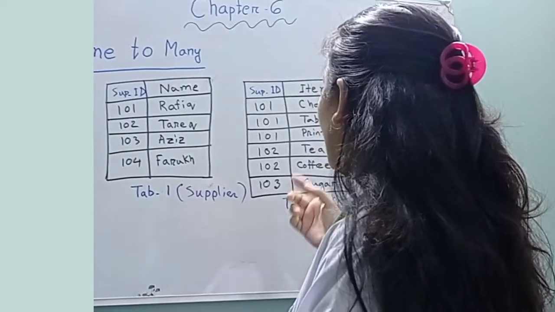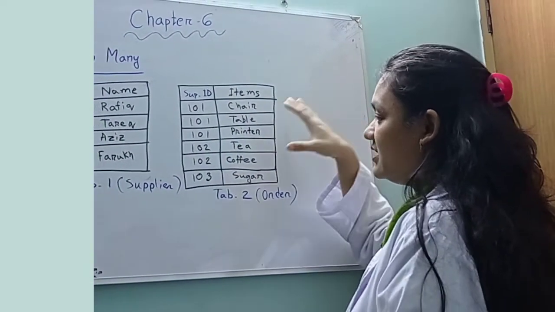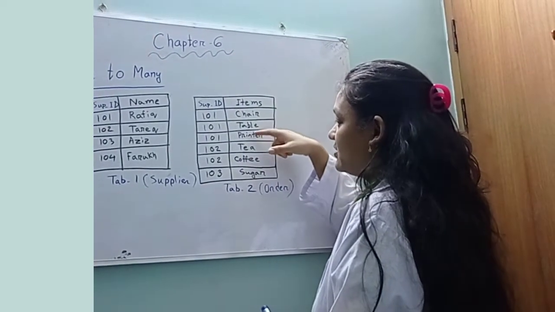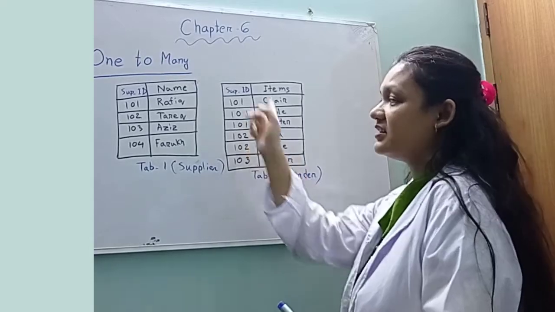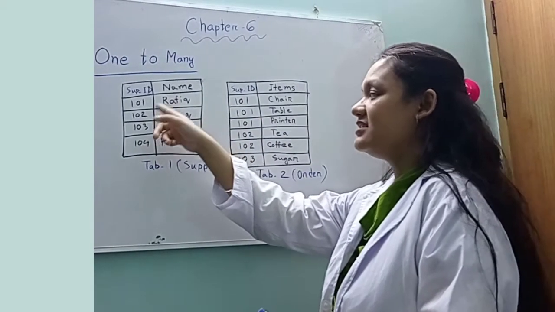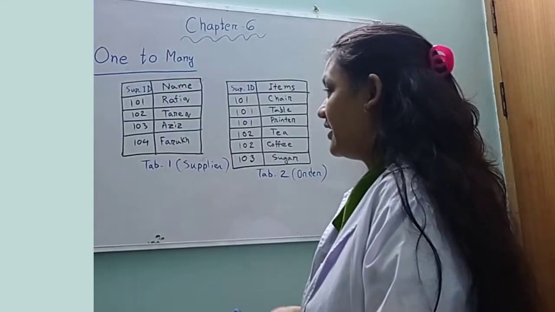So here, if they need anything like a table or printer, they will check the ID and recollect it from this table, and by this table they will be able to know the name of the supplier.